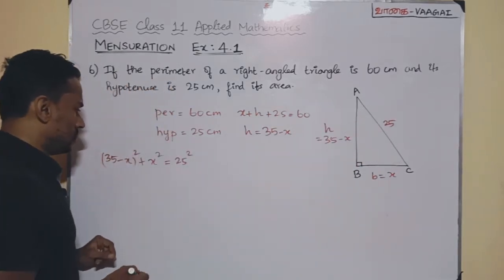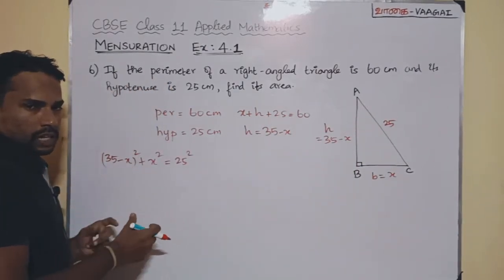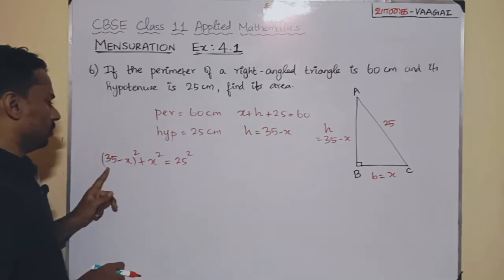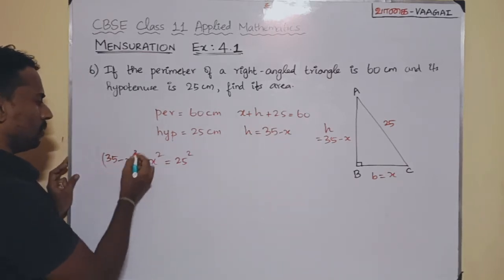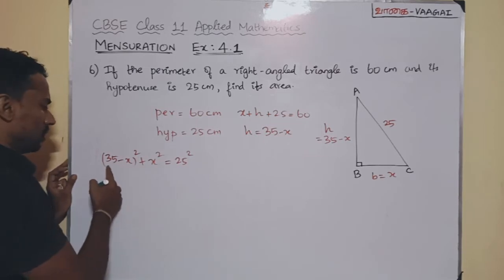Now let's expand this and solve it carefully. Expanding, (35 minus x) the whole square will become 35 square.